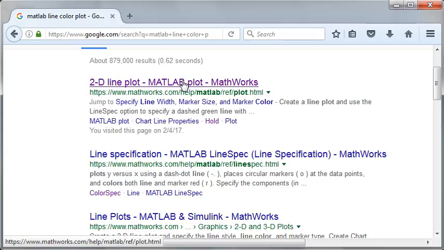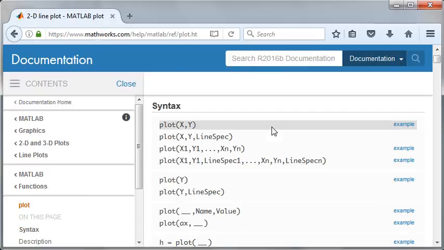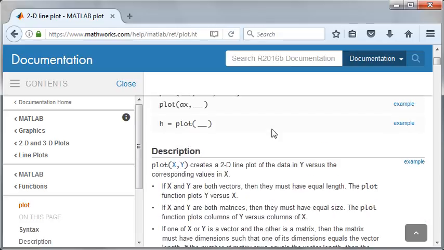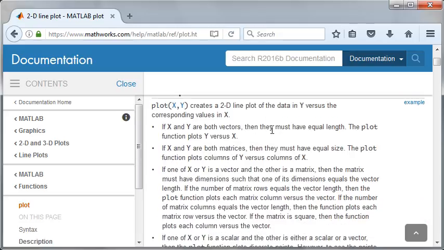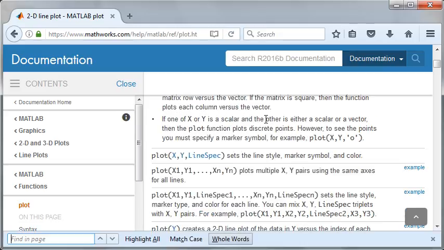Dash green line, I think. So I'm going to search on the word color in there. Control F, color.